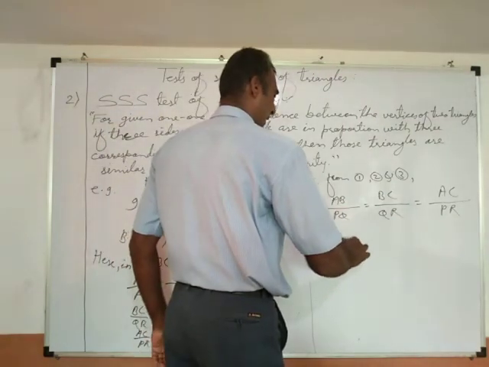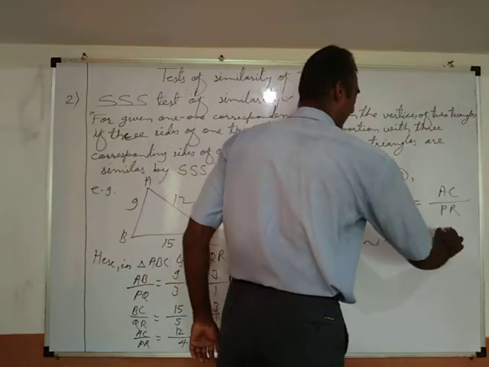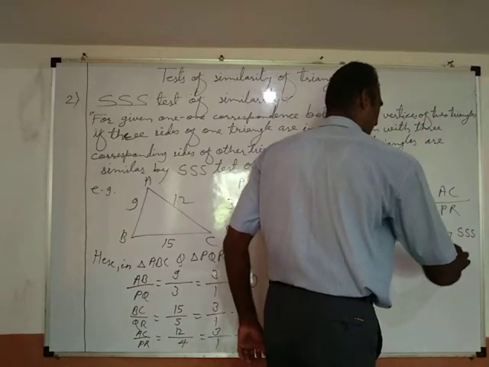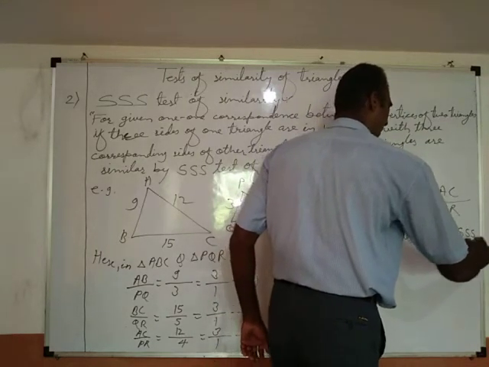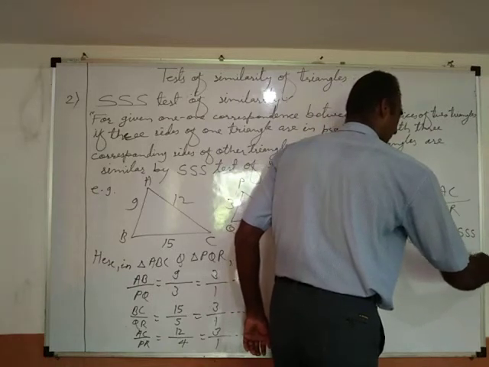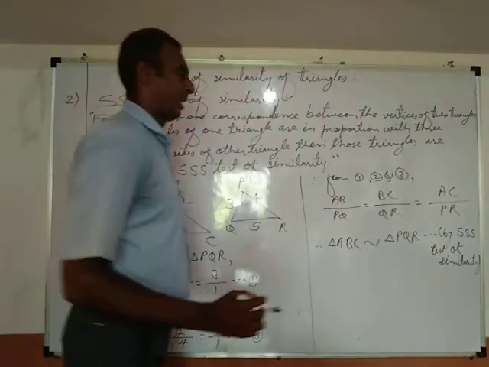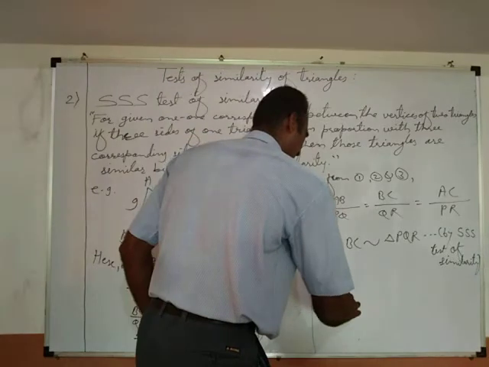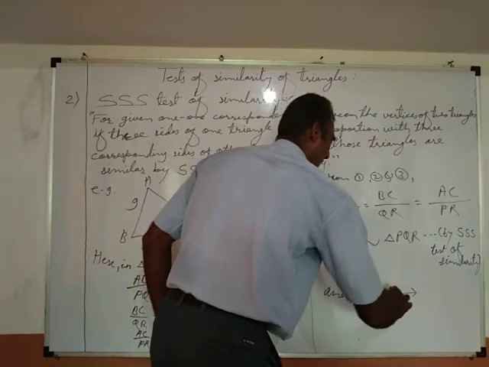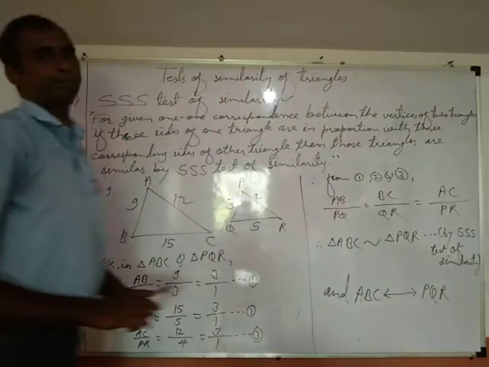Therefore, triangle ABC is similar with triangle PQR by STD10M2 test of similarity, and the correspondence is ABC 1:1 correspondence, PQR in this case.